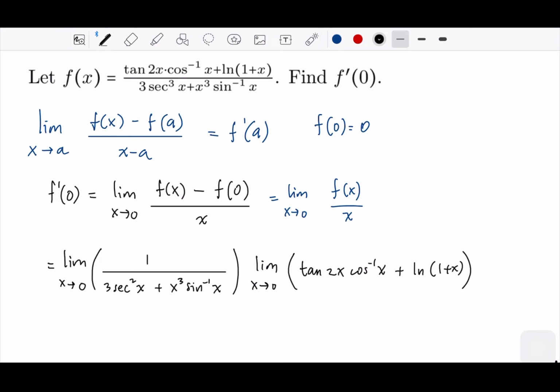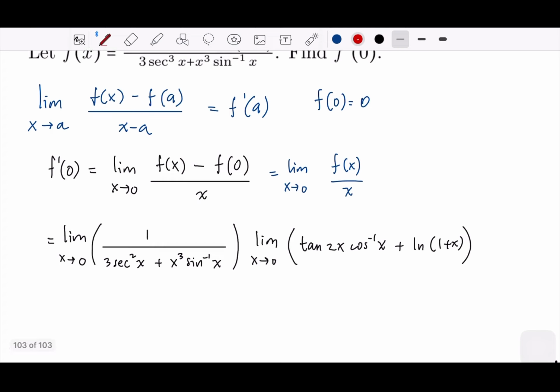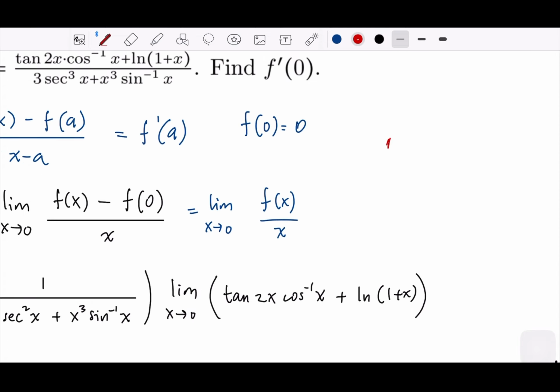If we look here, we have the tangent. I think I haven't really told you about the tangent, but the tangent has a property similar to sine in limit. If you remember, let me write here notes: if we take the limit as x approaches 0 of sine x over x, this will be equal to 1.